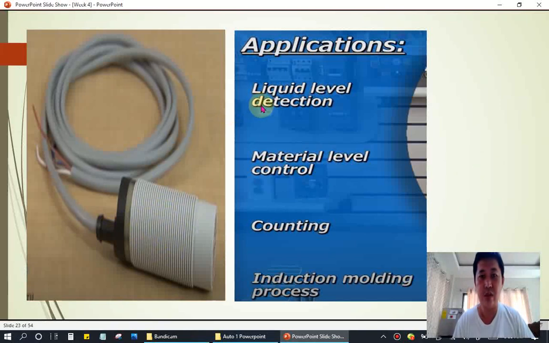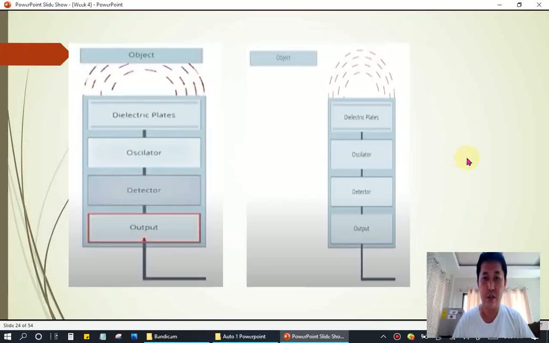So what are the applications? It measures liquid level, so liquid level detection, material level control, counting, induction molding process. So we will see here the illustration. We have an object passing through the sensor. Here this part is the direct dielectric plates, the second part is the oscillator and detector, and we have here the output.